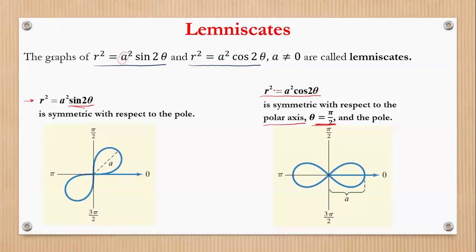And if you change only r to negative r, nothing changed, so it's symmetric about the pole. So the sine is always symmetric about the pole, but the cosine is symmetric about all of them: symmetric about the polar axis, symmetric about the y-axis, and symmetric about the origin.